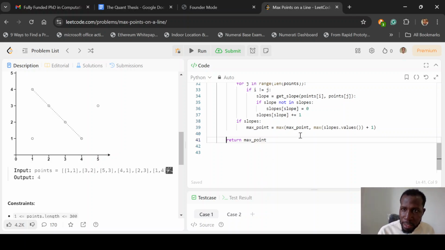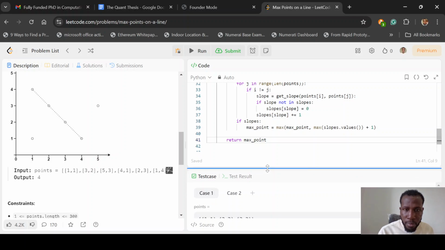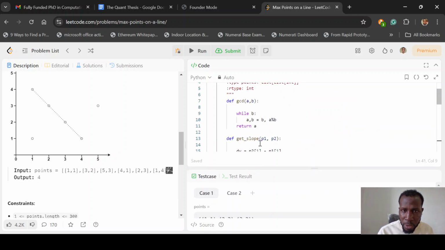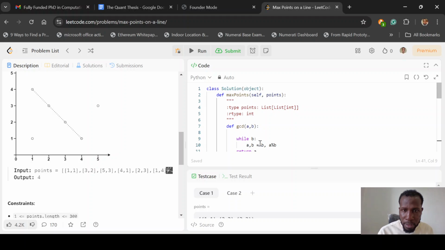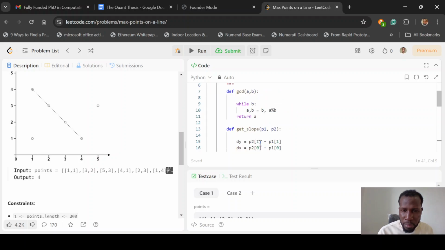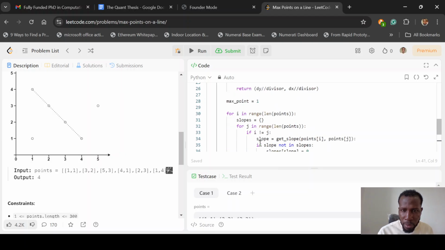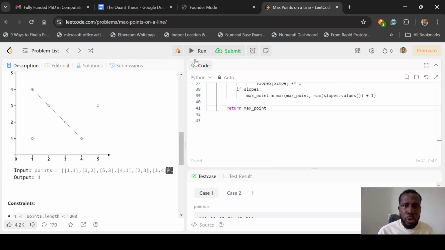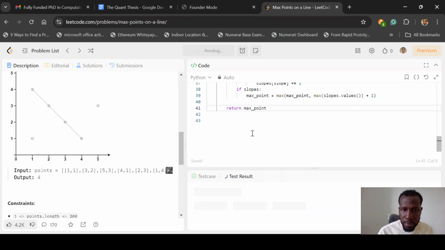So let's test it and see whether there's going to be any error. Okay, points, yes. So we run this. There's an error somewhere.